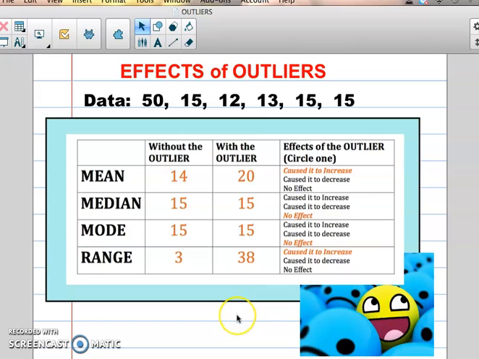Which one got affected most? The mean and the range most of the time, right? So it caused an increase for the mean this time. In this case, the outlier is higher. On the previous one we had, the outlier is smaller. So whatever the outlier is, that is how it affects the data. Okay.